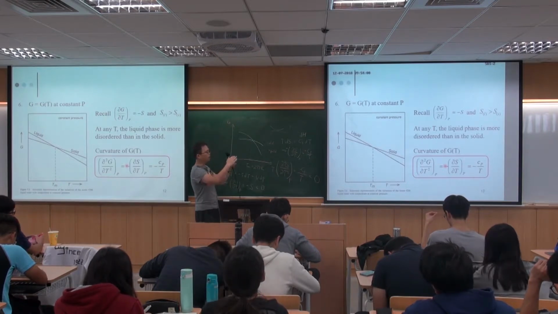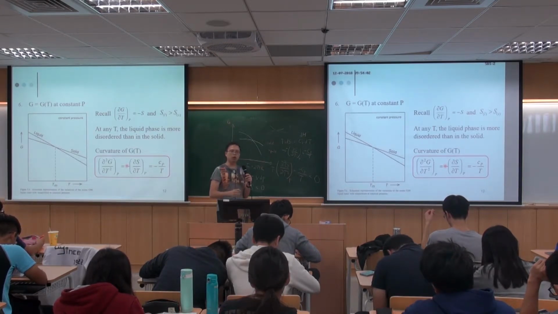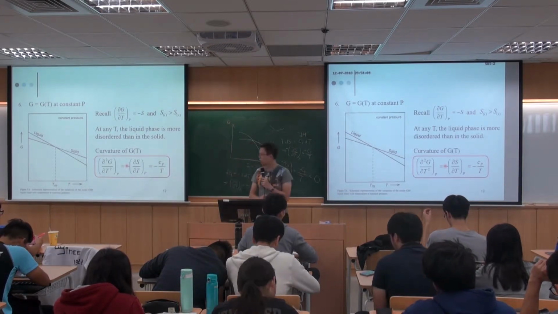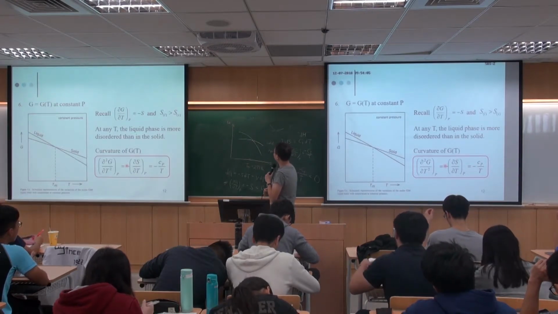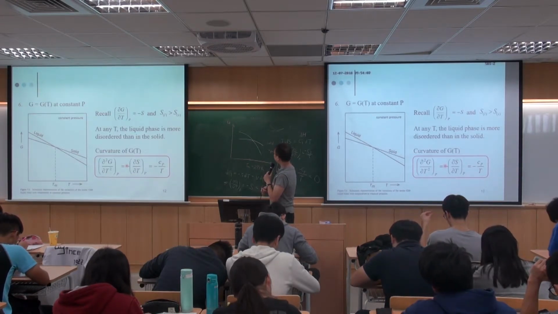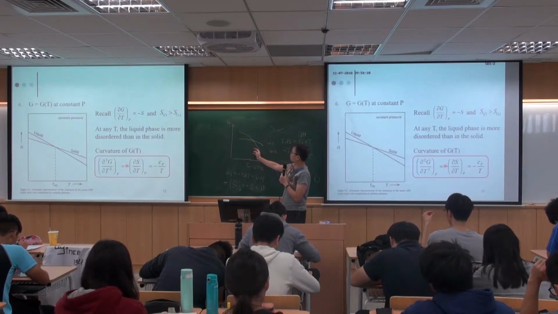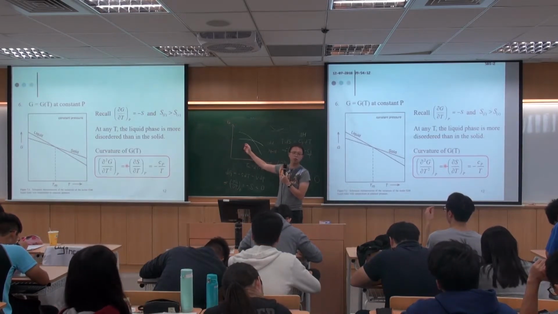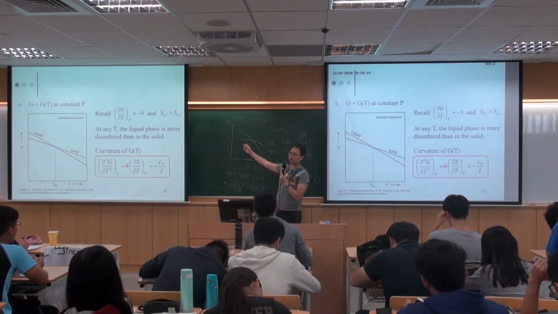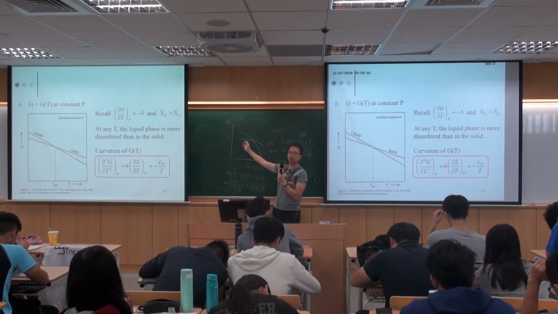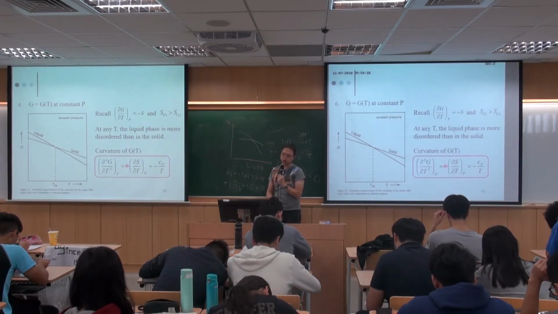They are always bending downward, and the slope is always negative. In your textbook, I believe that if you're using the 6th edition, the plot should be similar to this one, rather than straight lines.